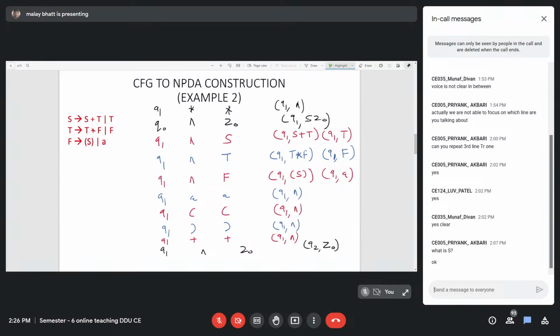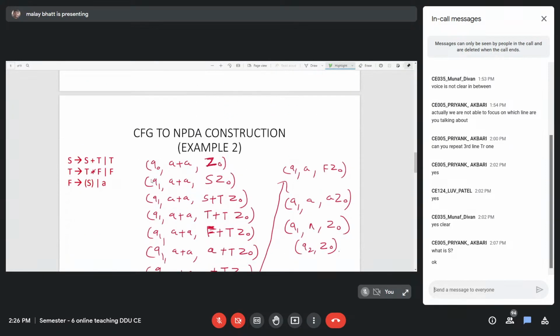We have one more terminal also, A. So we have 5 terminals, and Q1, A, A gives us Q1, null. 5 terminals, 3 non-terminals, 5 plus 3, 8. One for initialization, 9, and one for acceptance, 10. So you have 10 rules here. I hope it is clear.